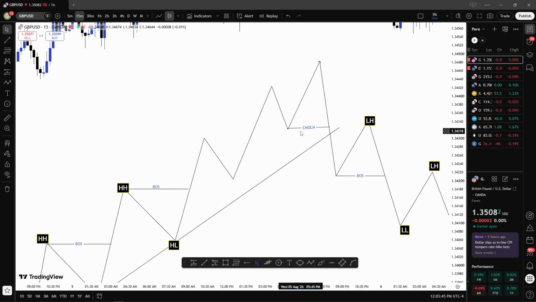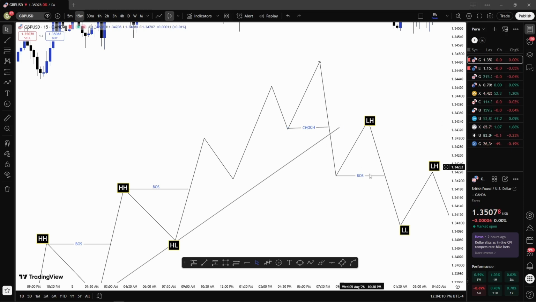So the moment you get a change of character followed by a break of structure, you can accept that the market has created a new market direction. But in a situation where the market only takes out this area, creating the change of character, without taking out the low that created the change of character, then the market still remains an uptrend. Until it takes it out, stay with the uptrend direction.